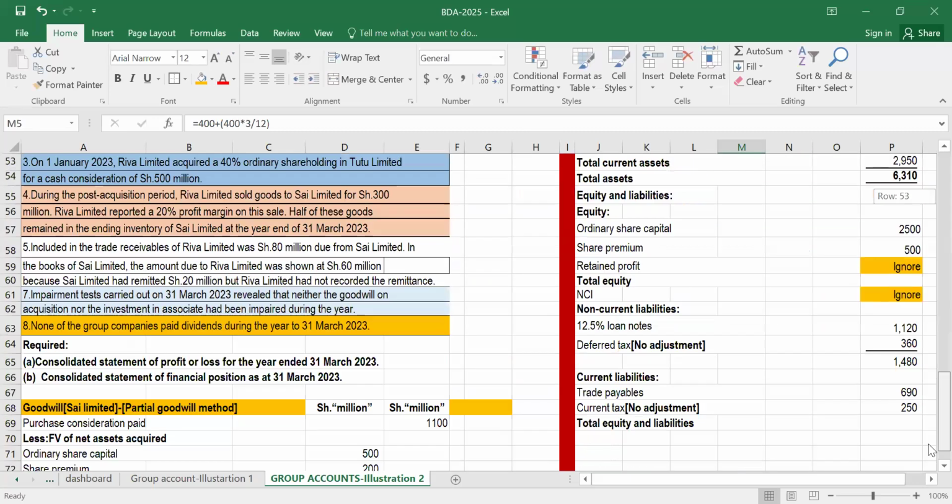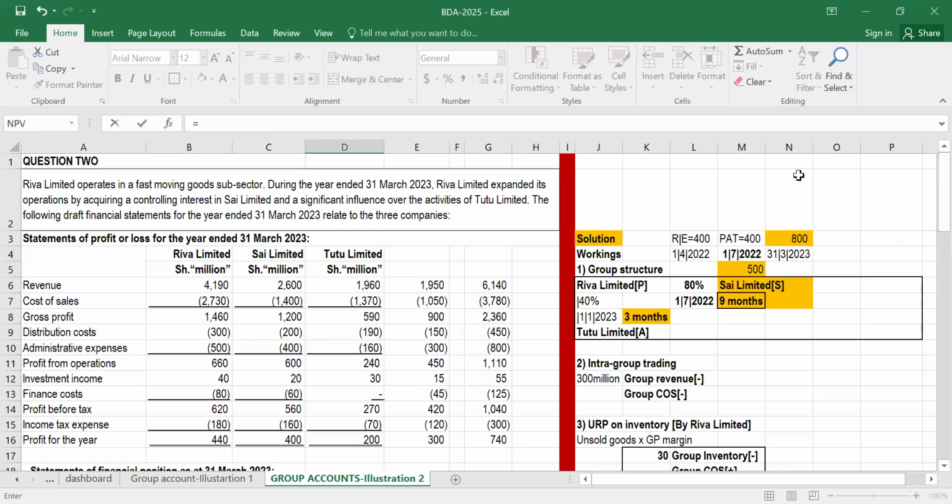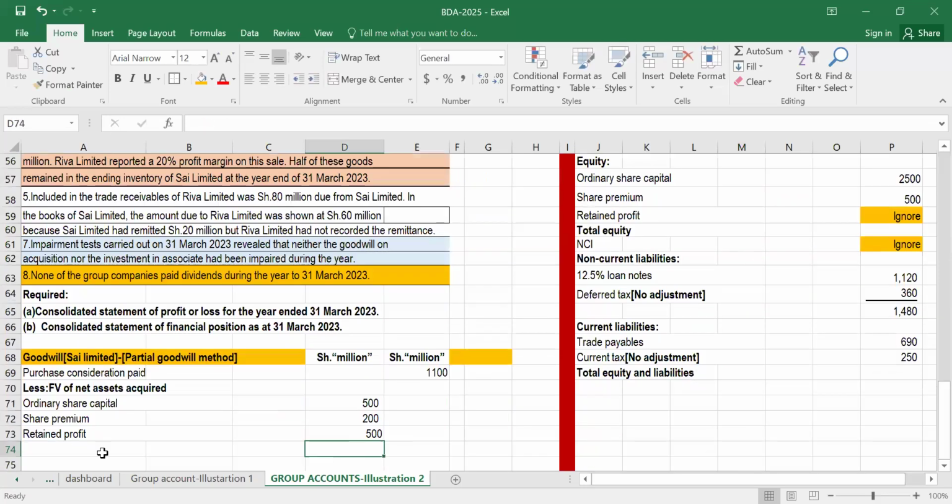And that is what we are interested in here, the retained profit on the date it was acquired. That is the figure we have computed up here, which is 500. So we bring it down here. The other thing we said we need to check is whether this subsidiary revalued the assets on the date of acquisition. Was there any revaluation of assets? If there was, was there a revaluation gain?